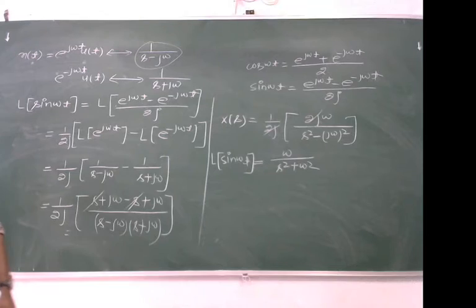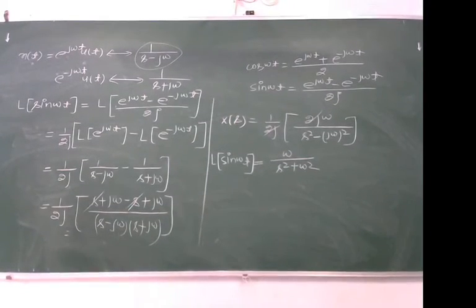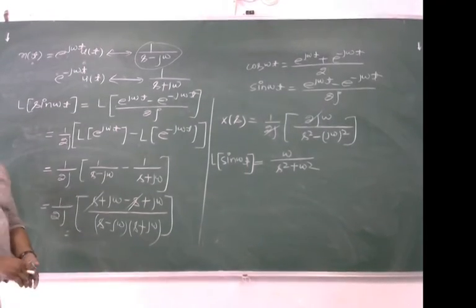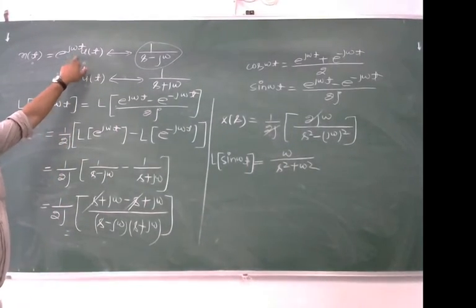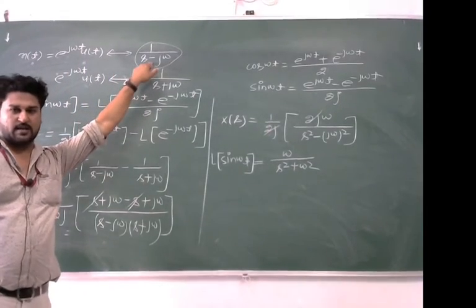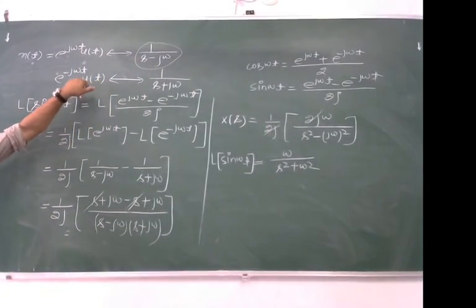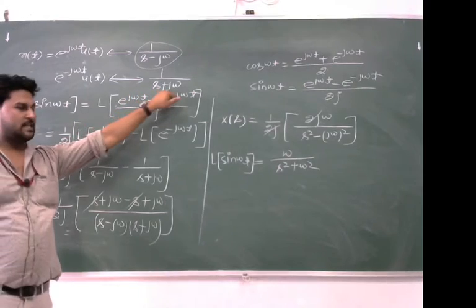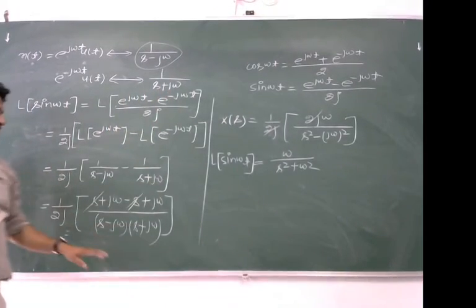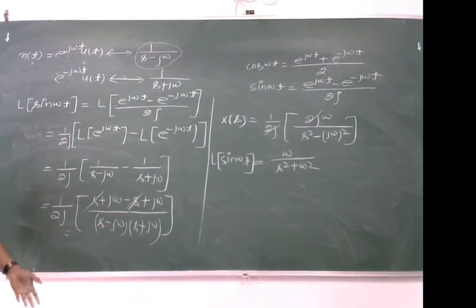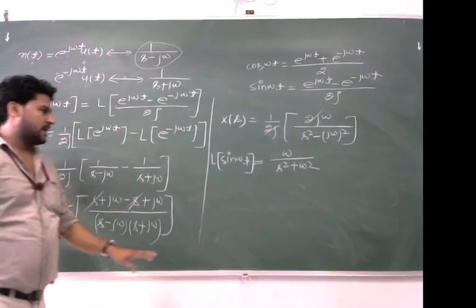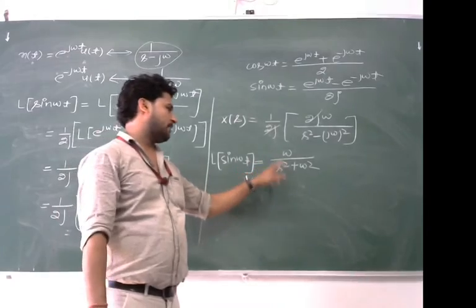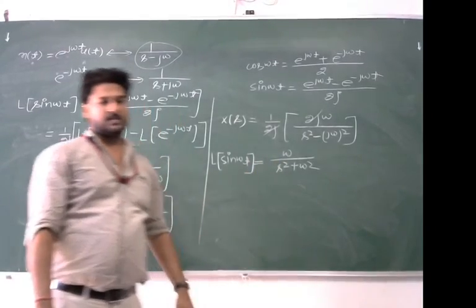Very important lessons these are. The Laplace transform of e power at is 1 upon s minus a. Laplace transform of e power j omega t is equal to 1 upon s minus j omega. Laplace transform of e power minus j omega t is equal to 1 upon s plus j omega. And Laplace transform of cos of omega t is equal to s upon s square plus omega square. Laplace transform of sine of omega t will be equal to omega upon s square plus omega square.